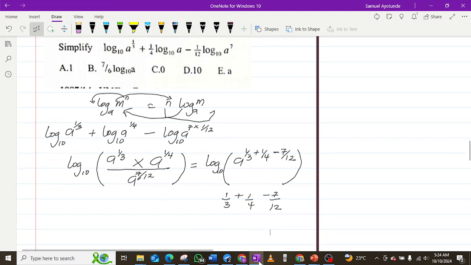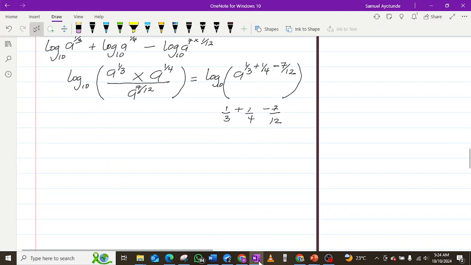So using addition and subtraction of fractions, my LCM will be 12. So I will have 4 plus 3 minus 7, which is equal to 0 over 12.